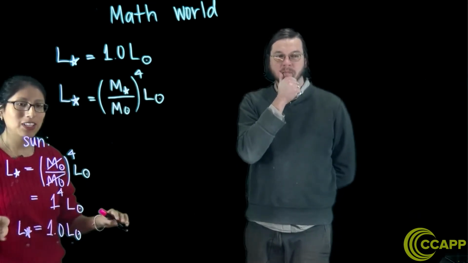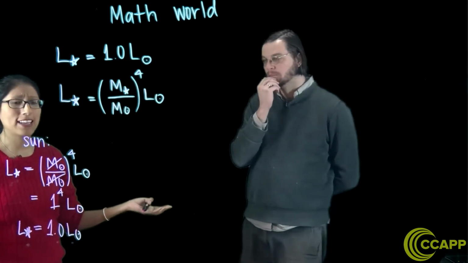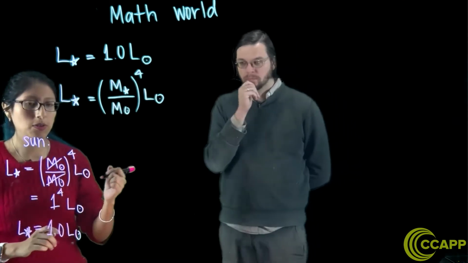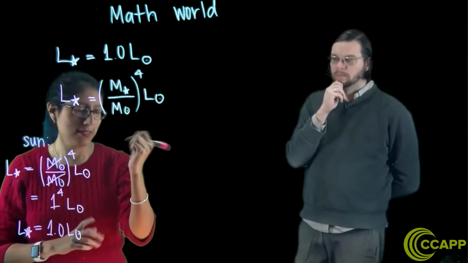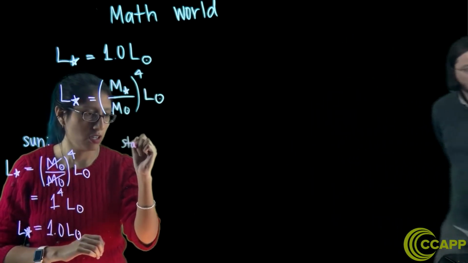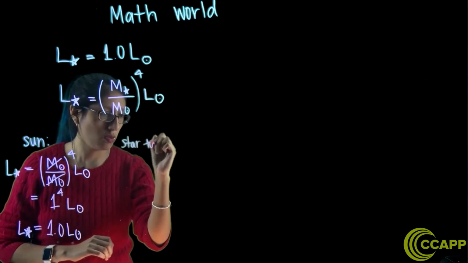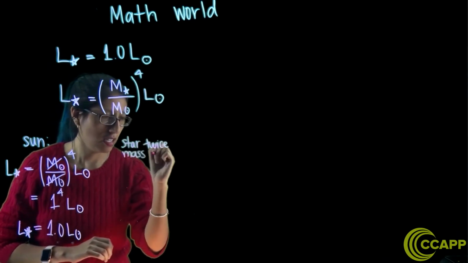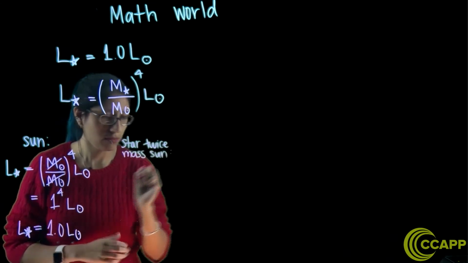Now, what would happen if the mass is actually twice the mass of the sun? Let's call this a star with twice the mass of the sun.